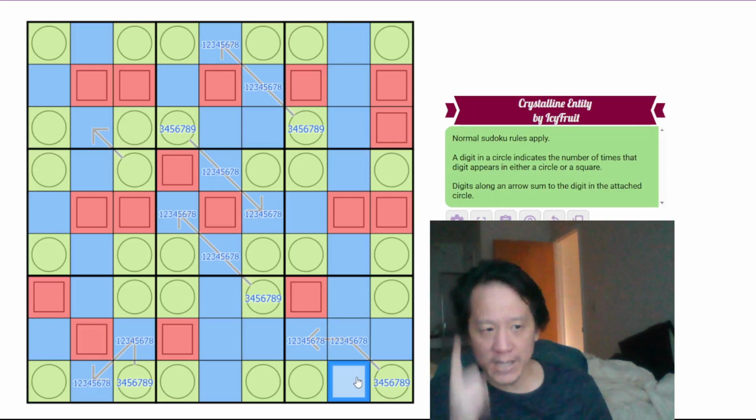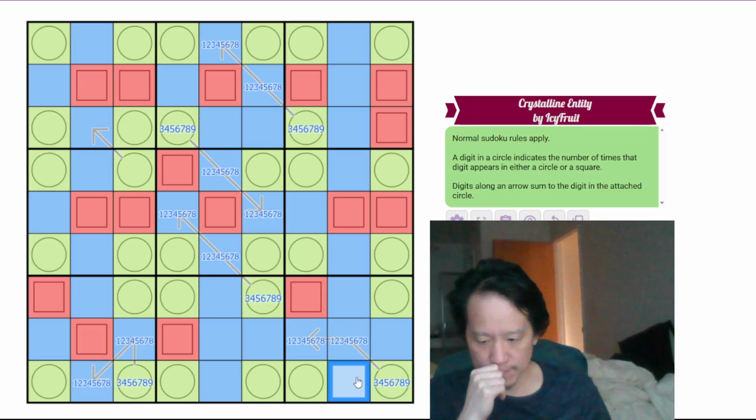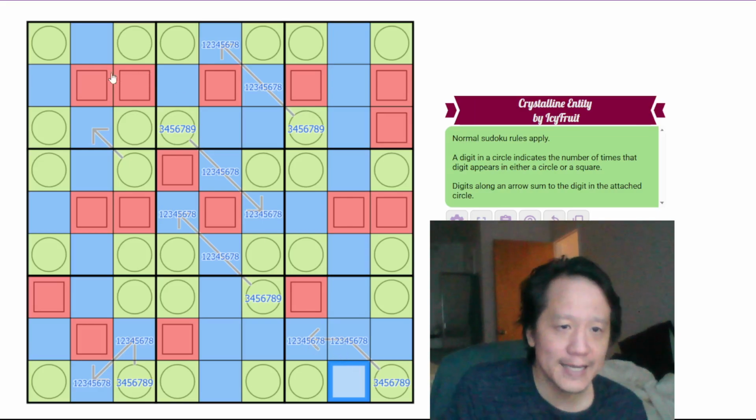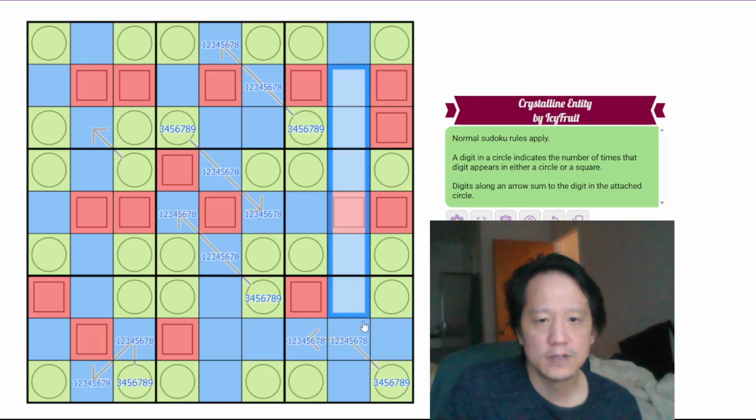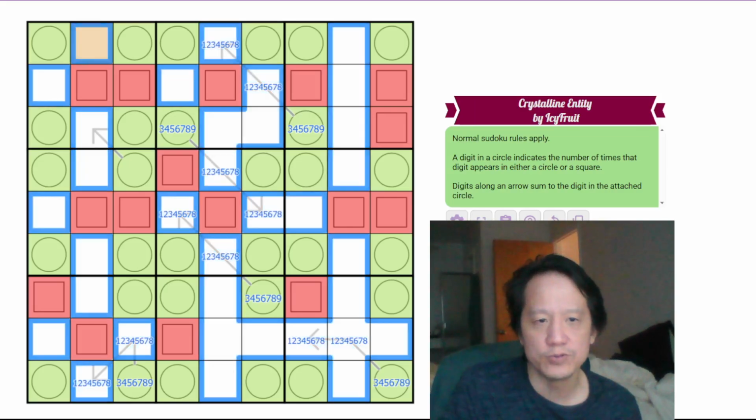What that means is it cannot be part of these cells, right? So whatever the missing digit is, let's say it's orange, right? It could be here, here, or whatever combination. So let's remove the blues.